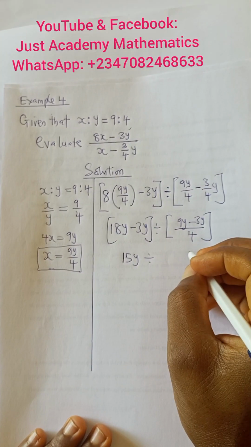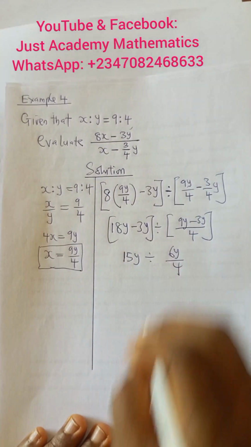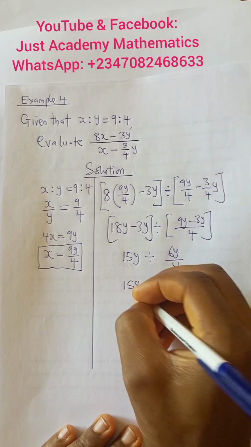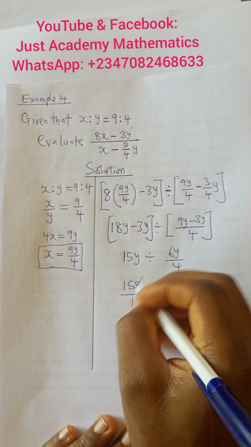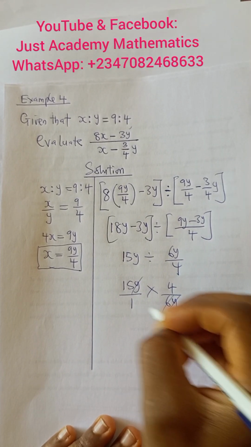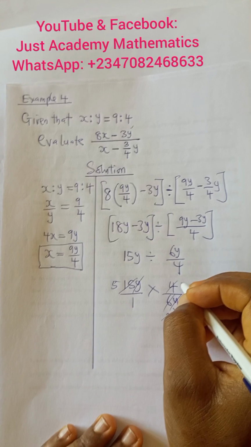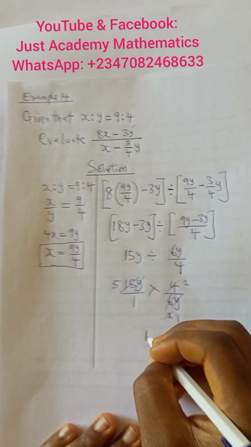Divide by 6Y/4. So we just change to multiplication. We have 15Y/1 times 4/6Y. Y will cancel Y. 3 go here, 2. 3 go here, 5. 2 go here, 1. 2 go here, 2. So we are left with what? 10.